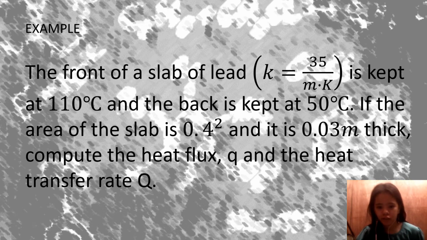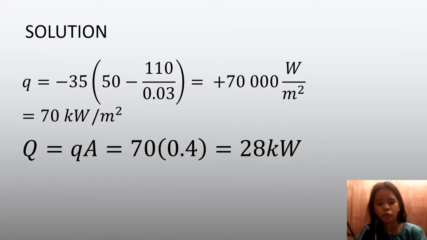If the area of the slab is 0.4 m² and it is 0.03 m thick, compute the heat flux q and the heat transfer rate Q. The solution: q is equal to negative 35 times (50 minus 110) over 0.03, which is 70,000 W/m². So Q is equal to qA, which is 70 times 0.4, equal to 28 kW.